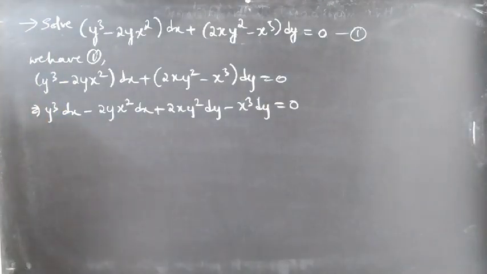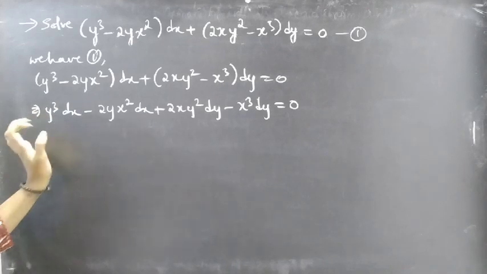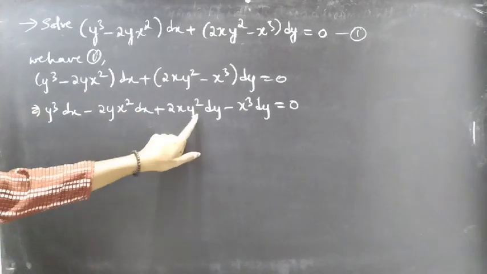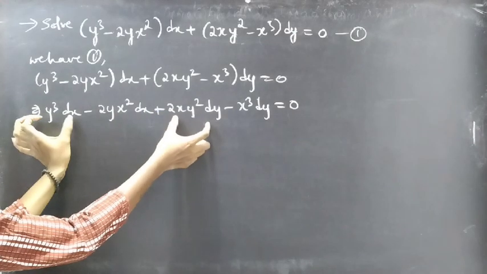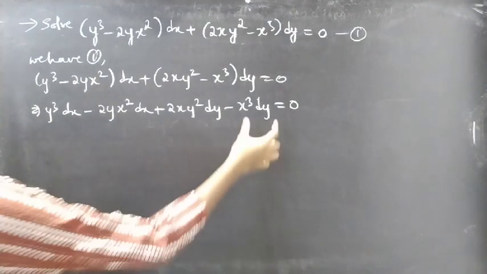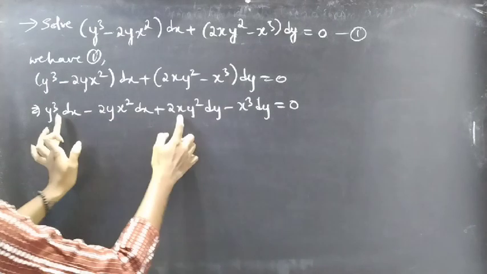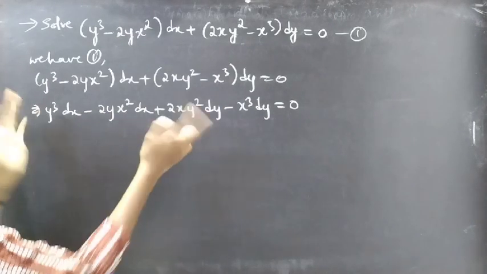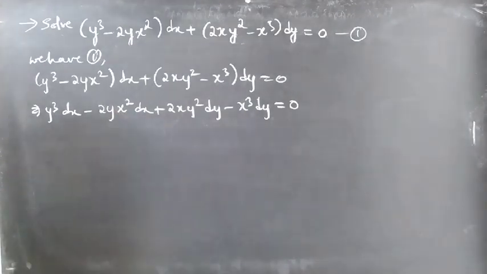So in the first term you're having y cube dx, and in the third term you're having y square. From these two terms we can take y square common. And here you're having x cube dy and here you're having x square. You can see we don't have any x square in first term and third term, so you can take x square common from these two terms.